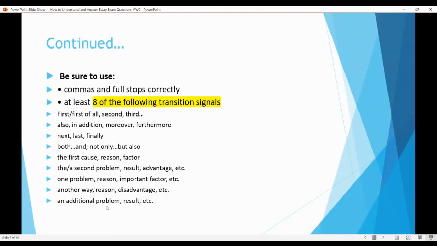Another way, reason, disadvantage. So these are different signals that you are supposed to be using. In some exams they just say use linkers. In some essay exams they give you linkers and they ask you to use them appropriately.